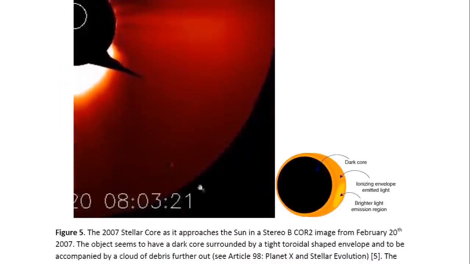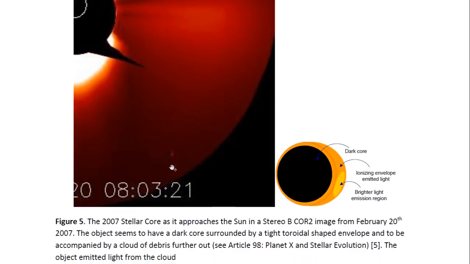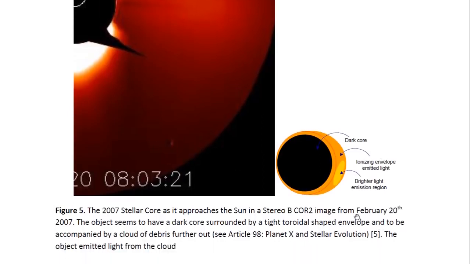Now, this is the 2007 stellar core, which approached the sun on February 20th, 2007. So this is a STEREO B COR2 image, and you can see the object there. And this object was dark and seemed to have what I then called a toroidal-shaped envelope.